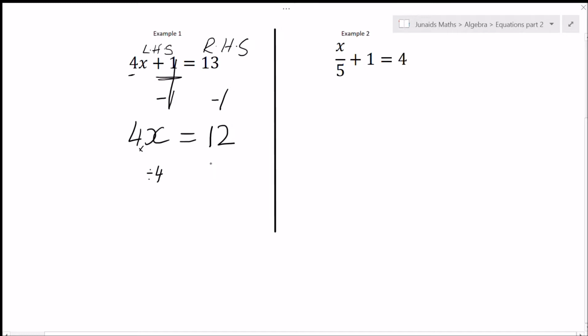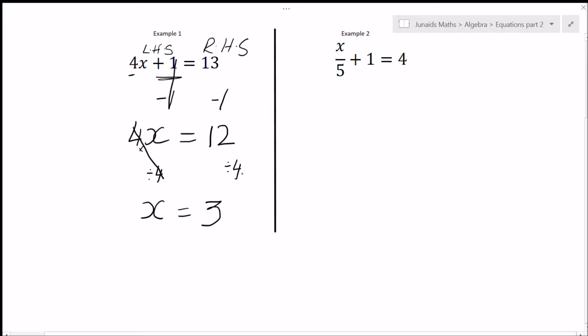So we'll divide by 4 on both sides. Now if we divide by 4 on both sides, this 4 will be cancelled and we'll be left with only x. That was our purpose. And on the right hand side, that's 12 divided by 4, which is 3. Now our answer is x equals 3.